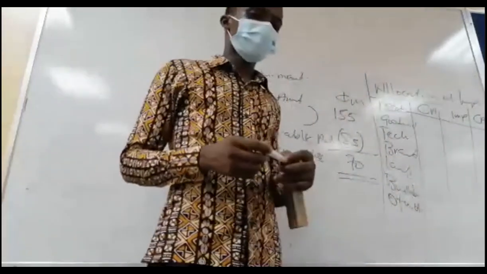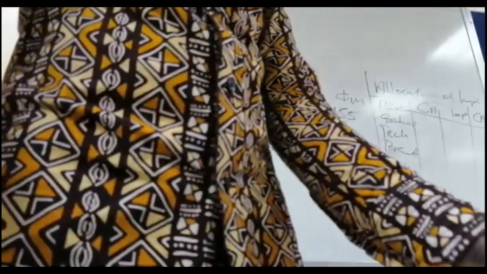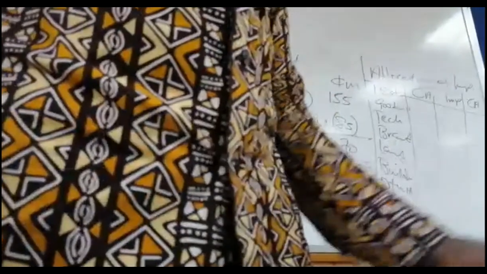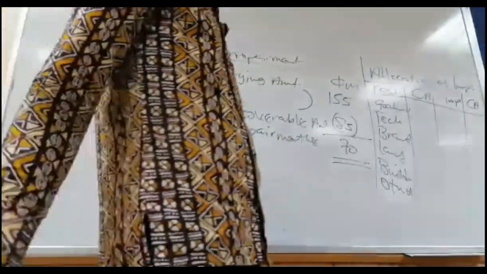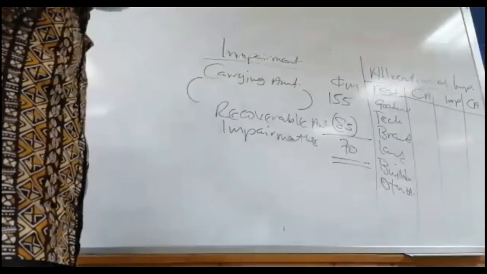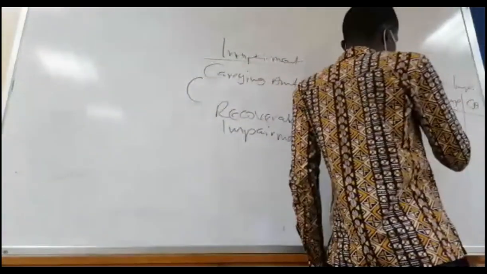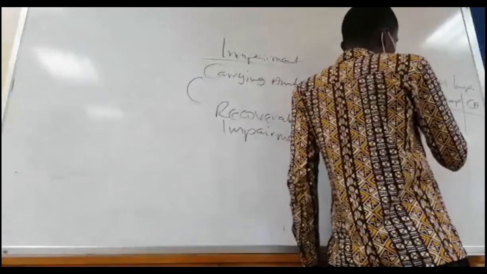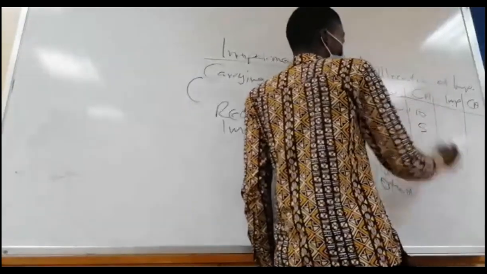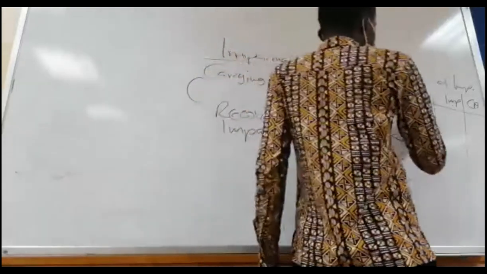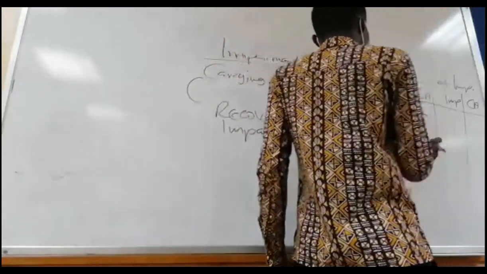Good. So let's look at this. Let's record the carrying amount. Goodwill is 20. Technology is 5.